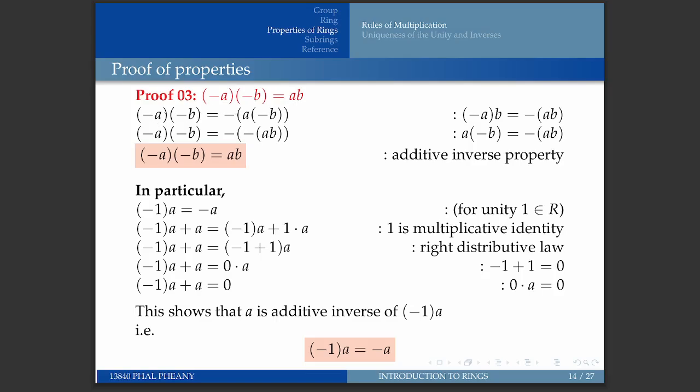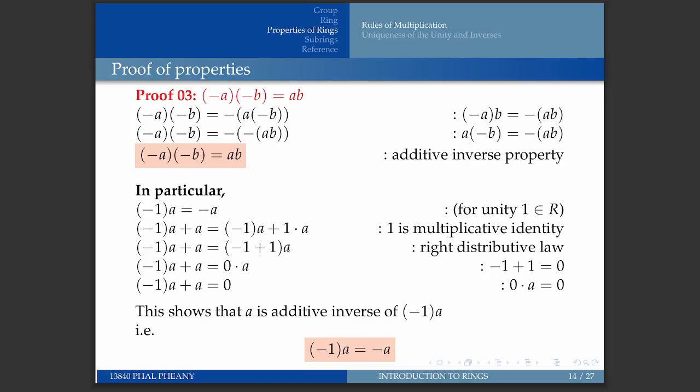So we consider the left hand side, minus a times minus b, equal to minus bracket a times minus b. Why can we say that? Since minus a times b equals minus ab, which we have just done in property number 2. Using property number 2, and similarly, we can use property number 2 on this part also.